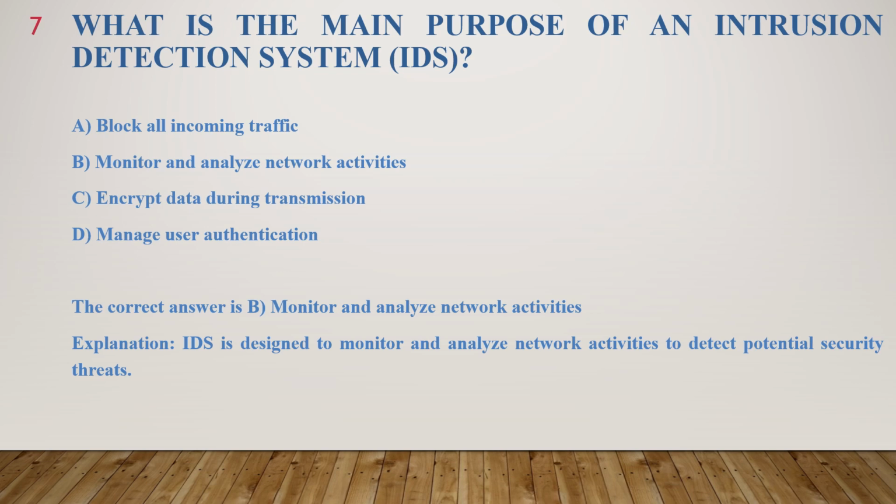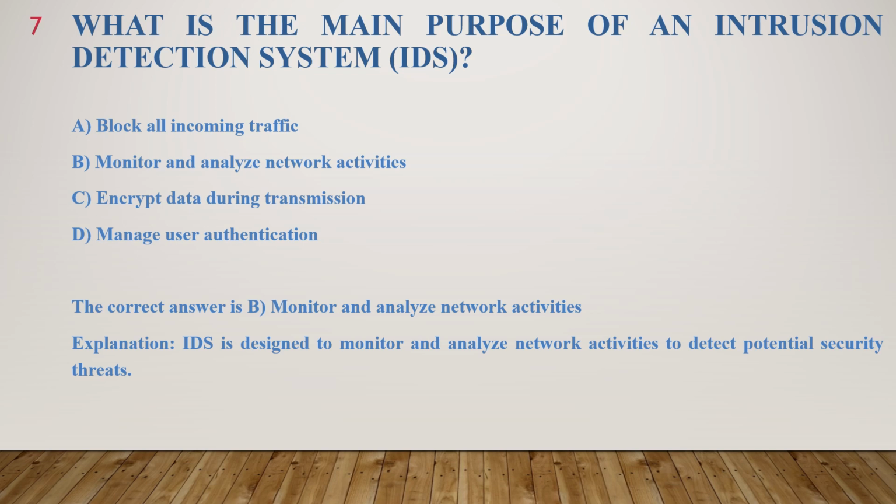Here's why the other options are incorrect. A. Block all incoming traffic. This is the function of a firewall, not an IDS. While an IDS might trigger alerts or actions to block specific suspicious traffic, its primary purpose is detection, not complete blockage. C. Encrypt data during transmission. This is the function of encryption technology, not an IDS.